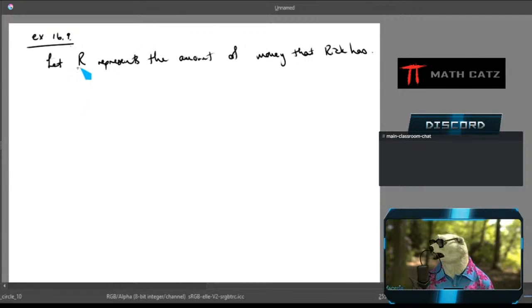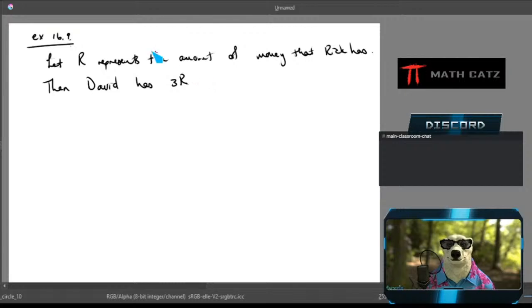So let's just see. If R represents the amount of money that Rick has and David has 3 times as much, I don't need a new variable. I can say then David has 3 times R. Oop, that's not a good R, I'm sorry. Let's try better with my R's. It's marginally better.